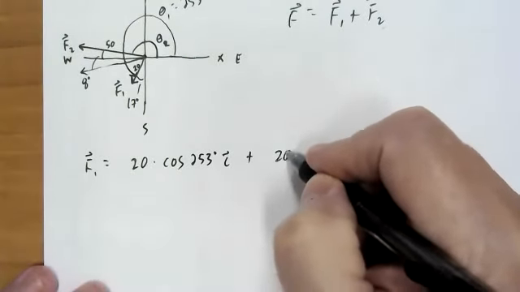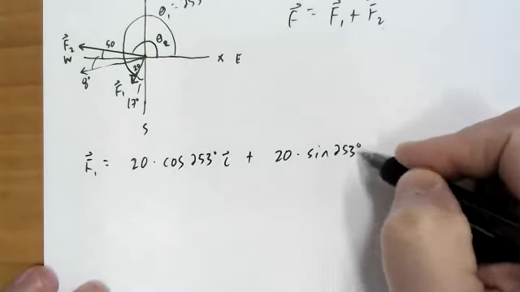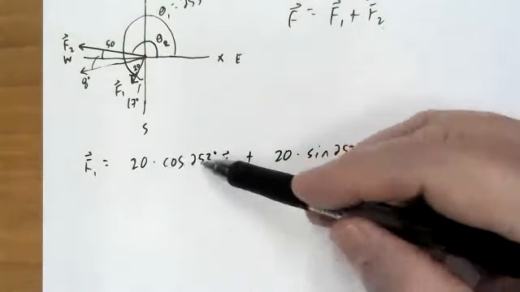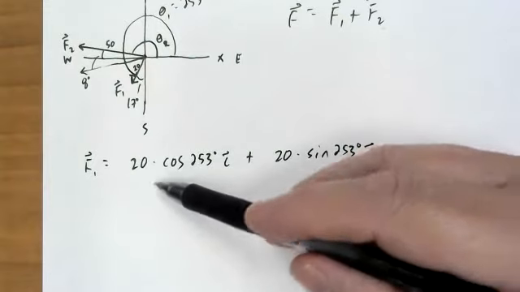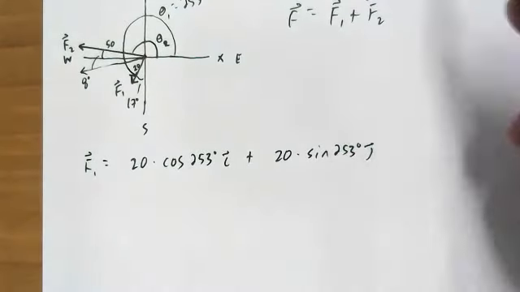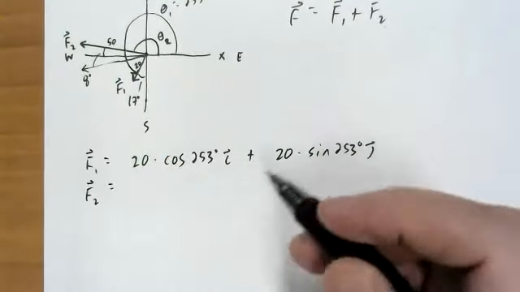My J part is my magnitude times the sine of 253 degrees. That's the J part. So in a minute, I'll do this calculation and we'll have this force 1 vector in the form of IJ.